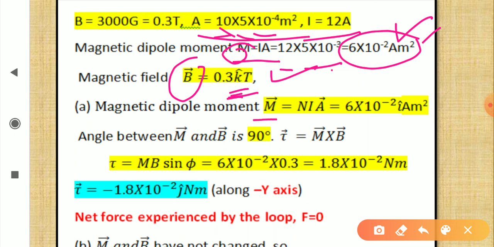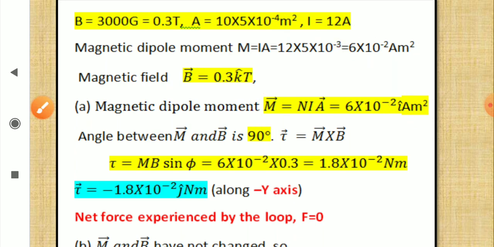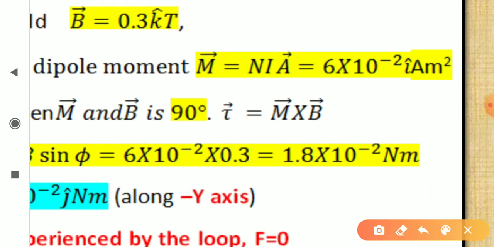Now the magnetic dipole moment in the first case is NIA, the value of N is 1, its magnitude is this much, and this dipole moment is along the x-axis. So the unit vector here is i cap, ampere meter square. Now this should be very, very clear to you, and you should know how to find the direction of the magnetic moment.